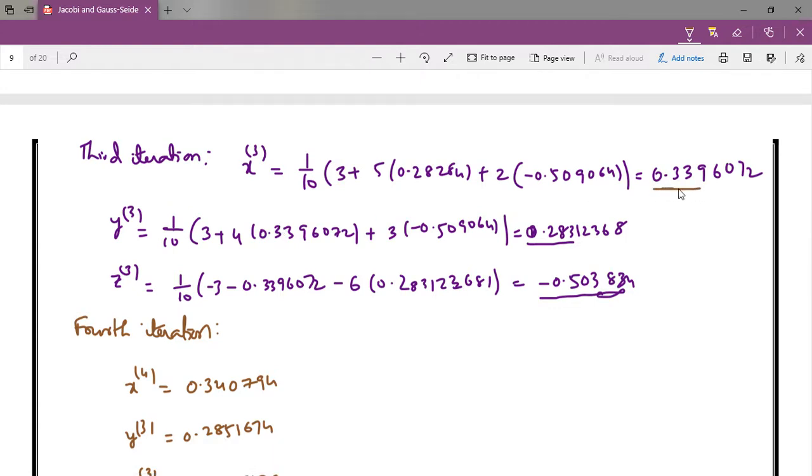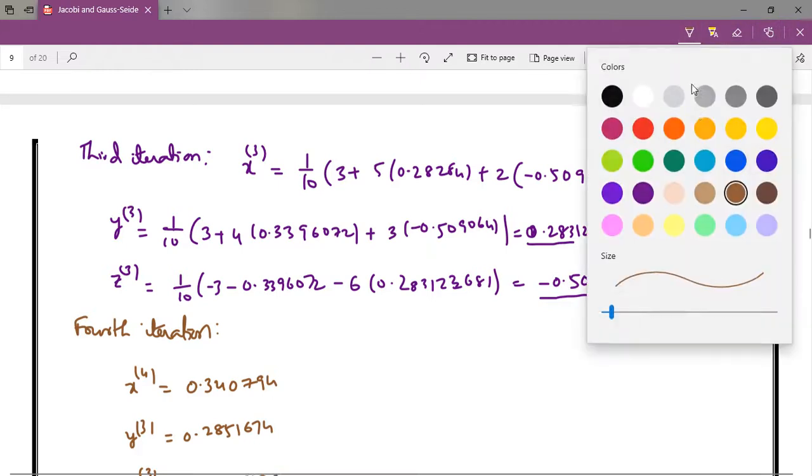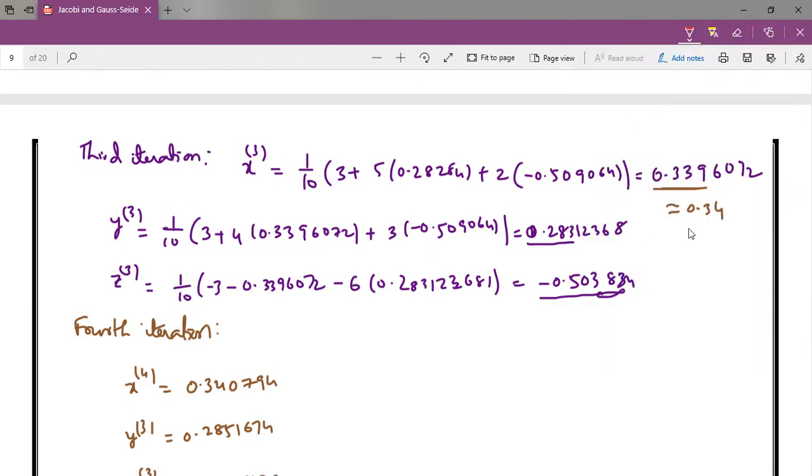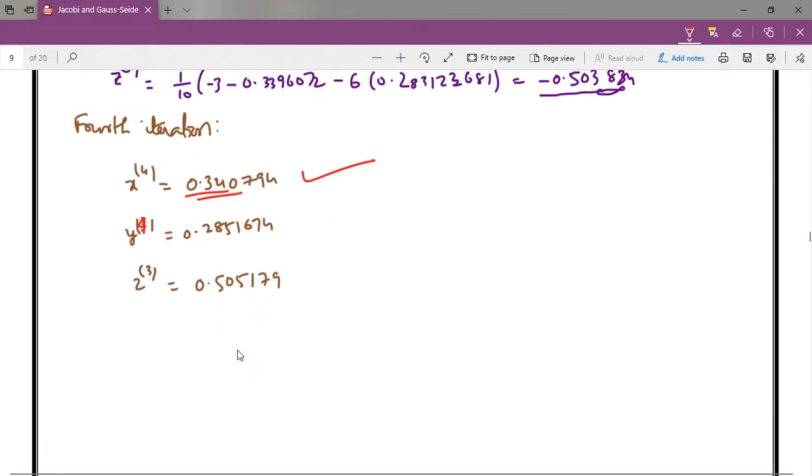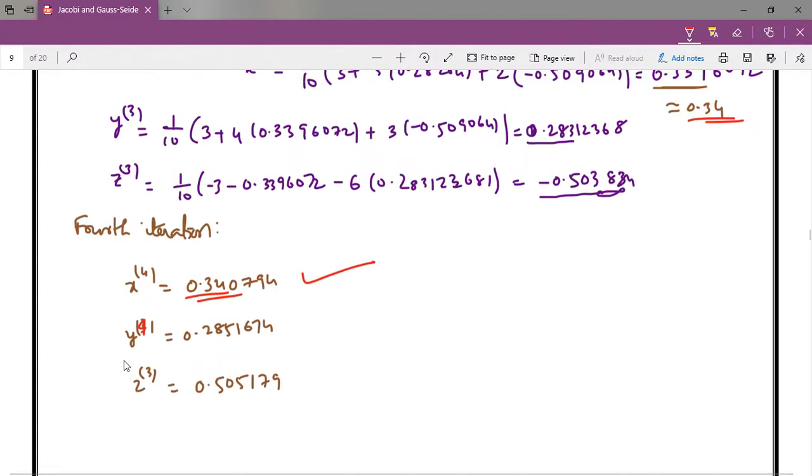Okay, so now compare x3 and x4. This can be approximated to 2 decimals as 0.34. Because it is 0.339, we can increase this one and make it 0.34. Now see that both x3 and x4 are the same. Okay, yeah. So now let us concentrate on y3 and y4, the fourth iteration, and this is also z4, the fourth iteration.